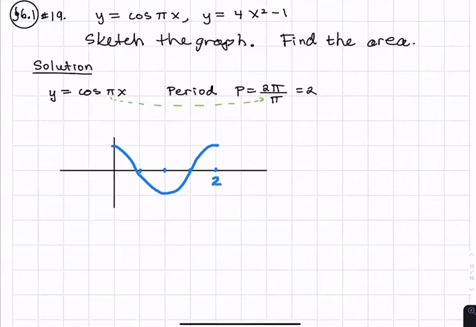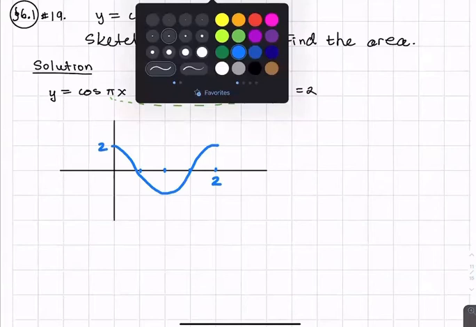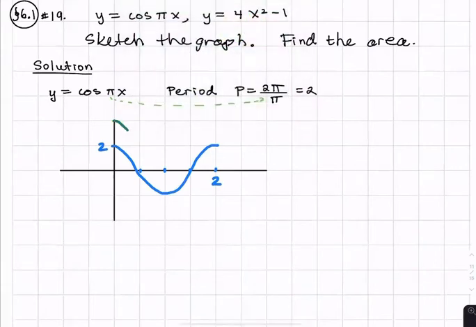But if I do that, now the x and y aren't to scale. So what I did is I just drew the cosine graph and said that period is 2. But why don't I try a little harder to make x and y to scale? Let me do the correct graph like this.